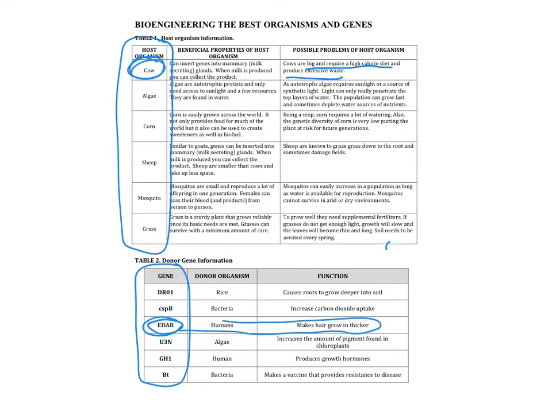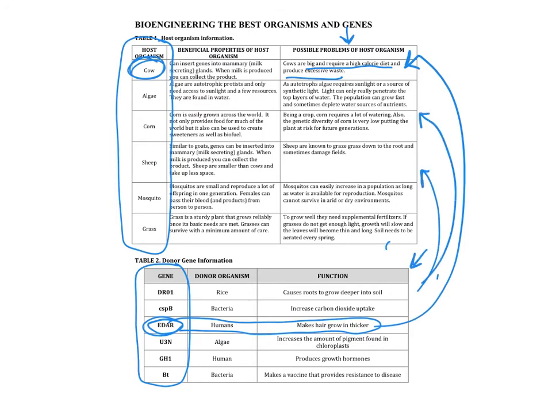It makes the hair grow in thicker. So I could put that into the cow. Now I would have a cow that produces milk, but the hair is growing in thicker because I put that gene into it. So this is saying these are the possible cons. These are the genes that I can put in to these things up here to change them.